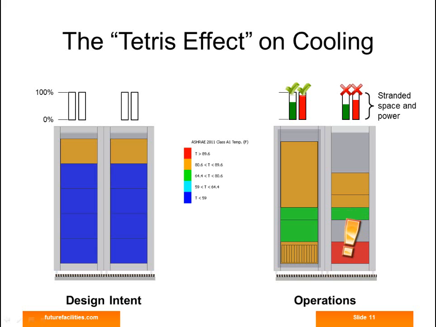More importantly, DCIM tools cannot be used to predict whether or not cooling will fragment as a result of a data center change. This means operators who rely solely on DCIM tools are perpetually one step behind the cooling fragmentation problem. And this puts IT services and long-term health of the data center at risk.